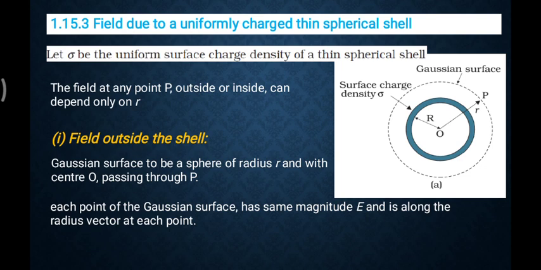But for now, for our observation point outside the bubble or shell, the field outside the shell: the Gaussian surface has radius r, which you can see from the observation point to the center of the sphere. Each point on the Gaussian surface has the same magnitude of E, as I explained, because r is the same for all the radial vectors.